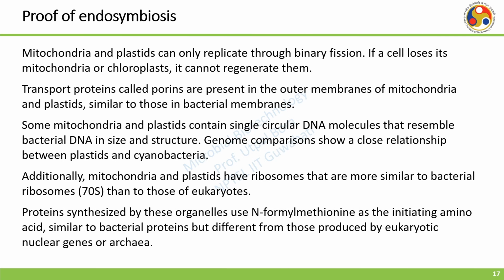Now, what is the proof of this theory of endosymbiosis? Mitochondria and plastids can only replicate through binary fission. If a cell loses its mitochondria or chloroplast, it cannot regenerate them. So, these are two independent systems within the eukaryotic cells, but the cells cannot produce them as such.